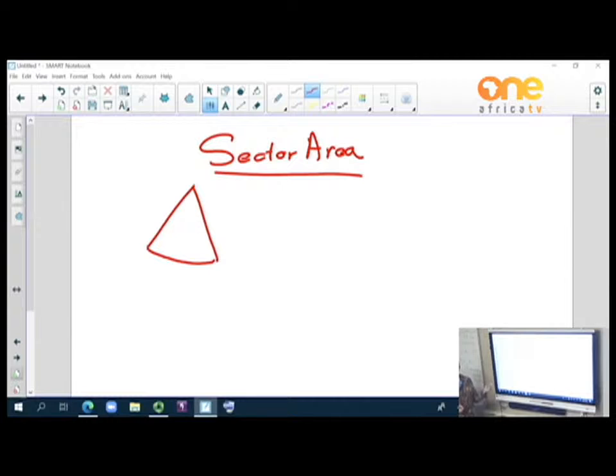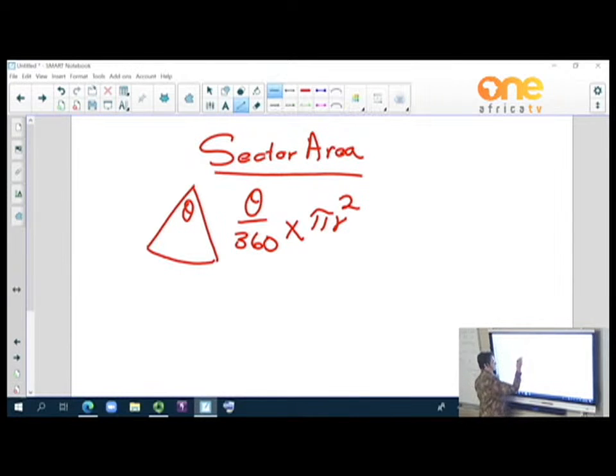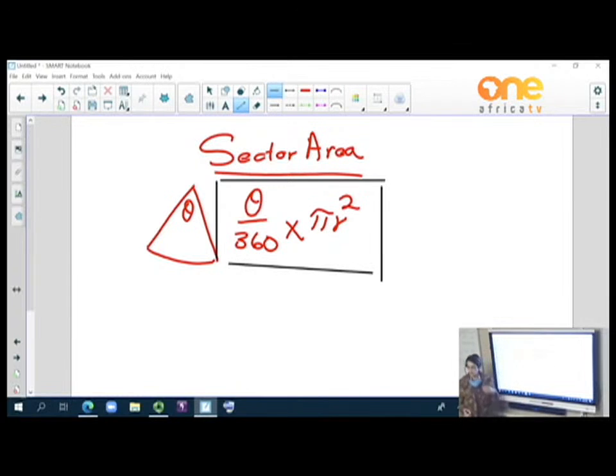So sector is a part of a circle. It's that piece of cake that you are eating. So obviously the formula is going to be part of the area. So it's theta over 360 of pi r squared. That's the formula that we are using now. Write it big, perhaps there in your book so that you can see it. As I say, write it down every time. That's the quickest way to learn these things here.